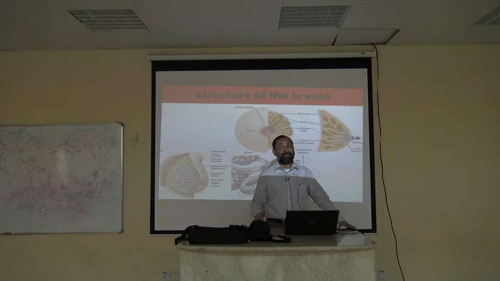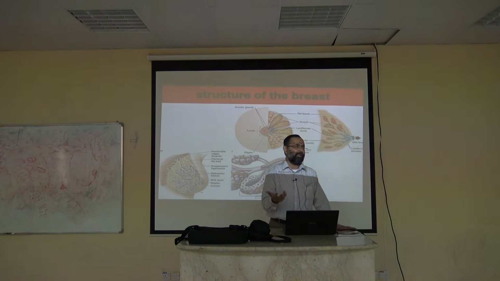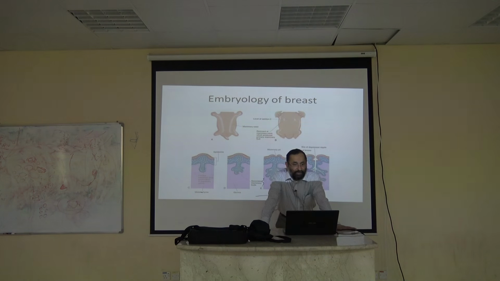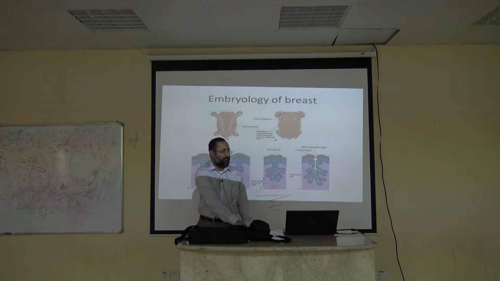Hormone responsiveness develops in the female mammary gland. That is the female breast, and inside that the mammary gland is there. In the male breast, nothing will happen really. It will remain rudimentary. Our breasts also grow at the time of puberty slightly, but not like a female, definitely, because they are not hormone responsive. This is how the embryology develops.